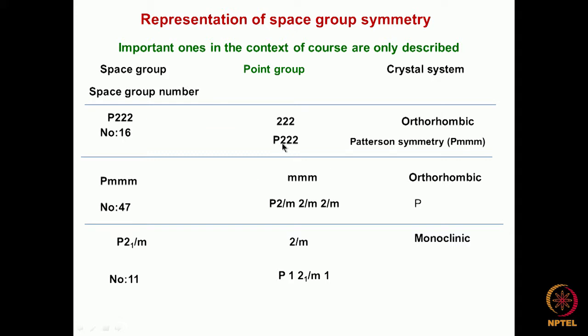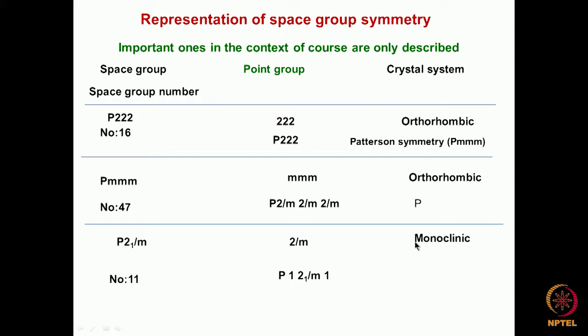And then here the various symmetry elements are given in detail for the orthorhombic structure, and then this number 16 is given. Number 16 means that the space groups are represented in sequence from 1 to 230, so this is given as the 16th figure representation. Okay.